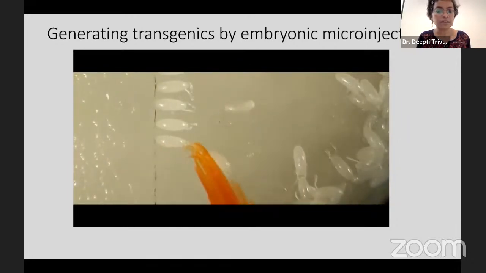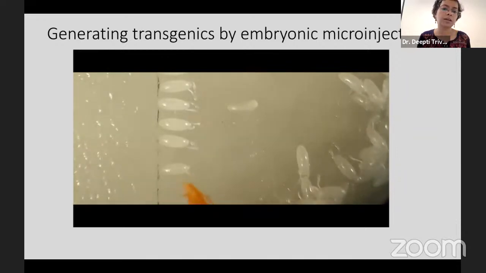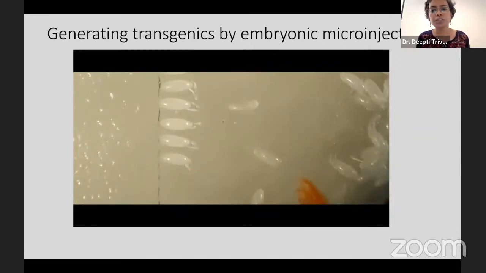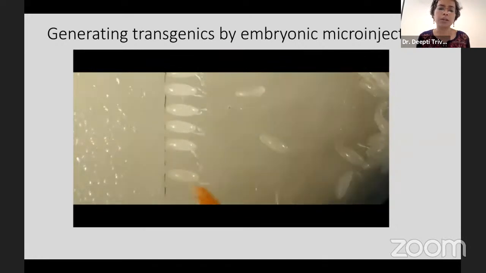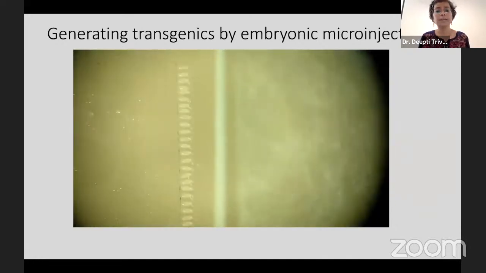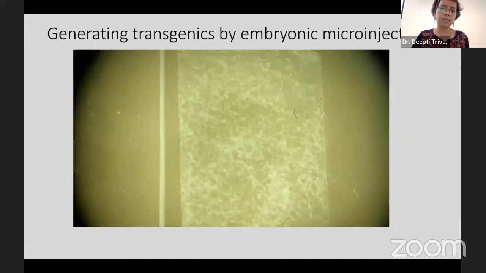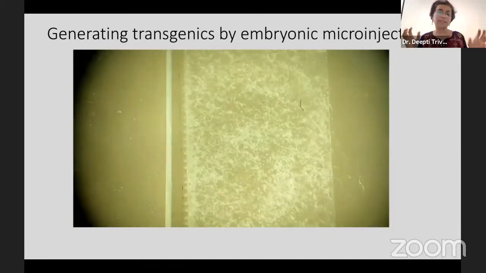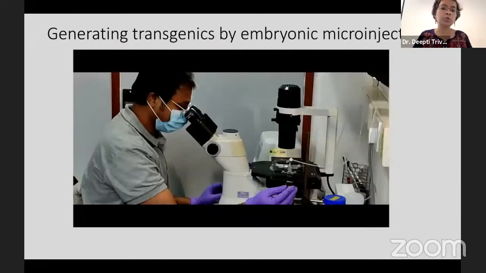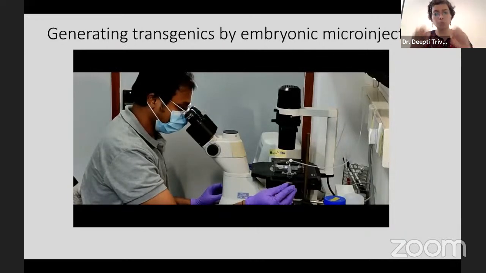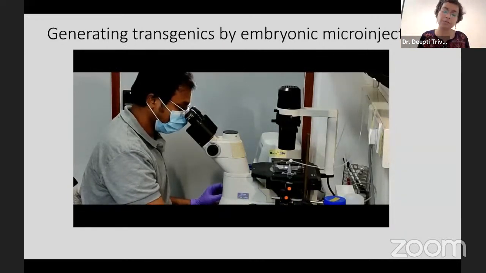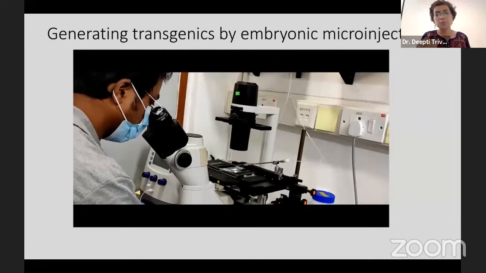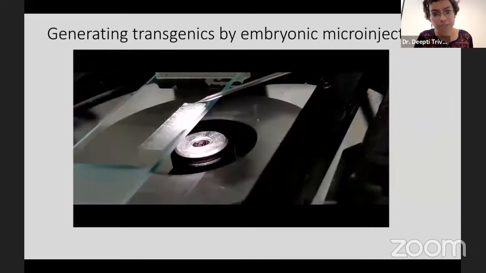As you can see here, these embryos can be around 0 to 15 minutes old, or even half an hour old. Basically, we only choose embryos which have not undergone cellularization. In Drosophila, up to 13 cycles of cell division, there are only nuclei and cellular membranes have not formed. Once we align them, it's just to make our job easy.